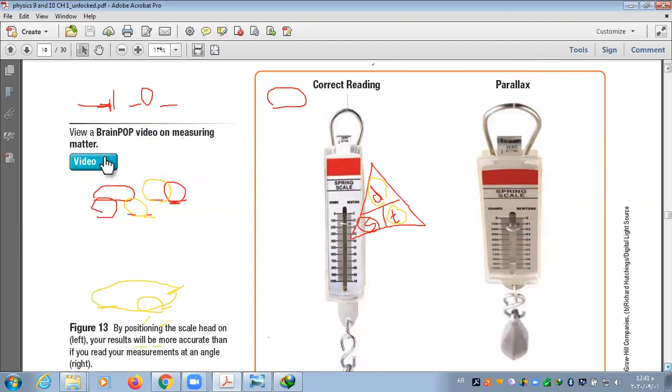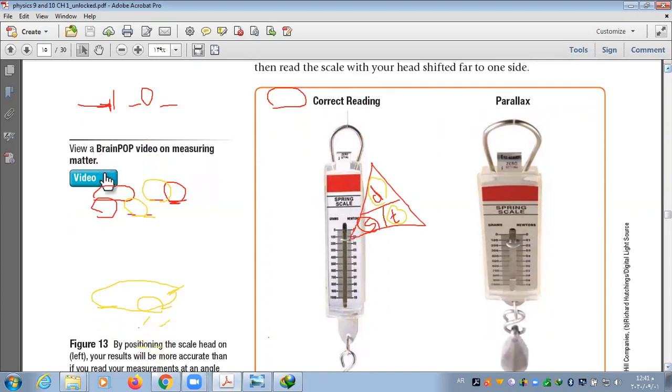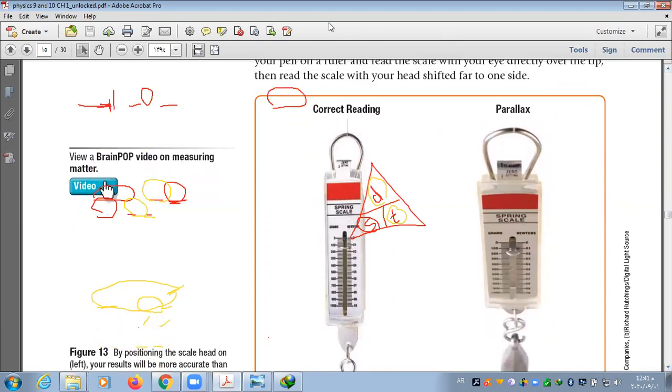What is the difference between the two pictures? They are both measuring units. Scale. Okay, we have a volunteer here, Saud. Raise your hand again, Saud. Yes, you can talk.